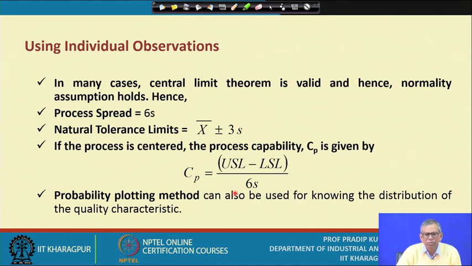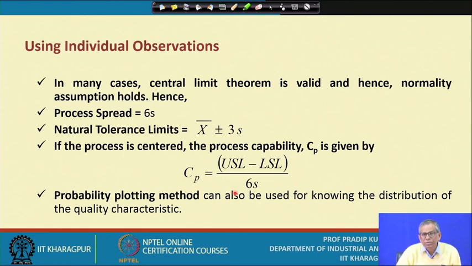There will be absolutely no problem. With respect to x bar, you first calculate the variance and then the standard deviation. In many cases, the central limit theorem is valid and hence the normality assumption holds, particularly for running production systems.